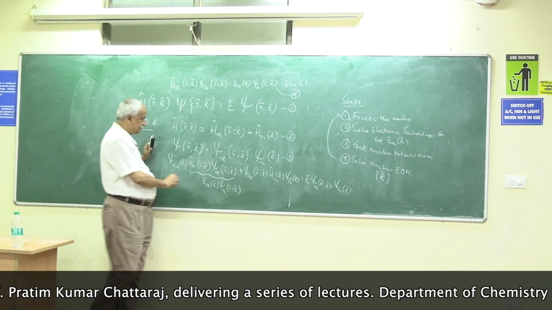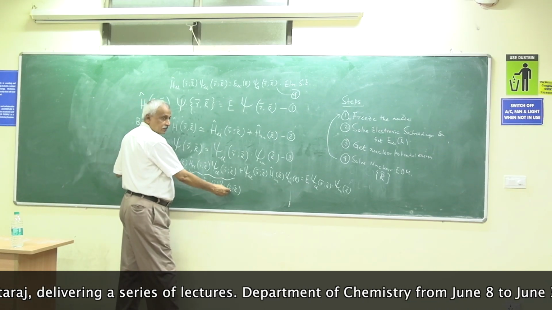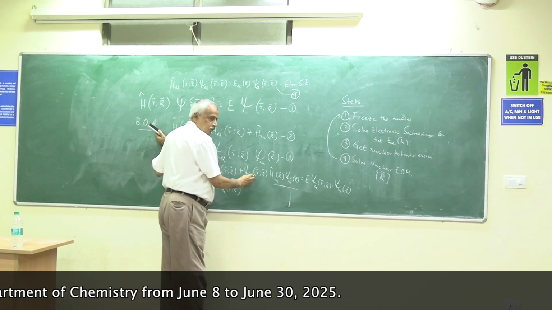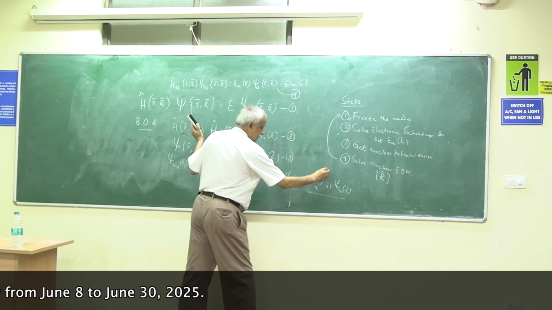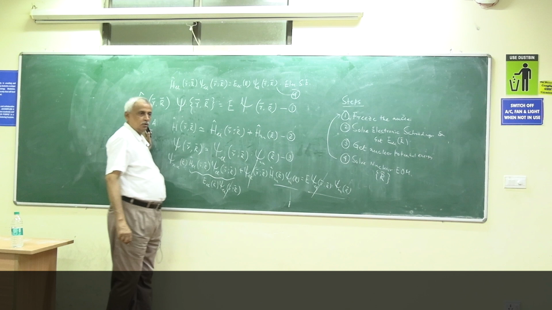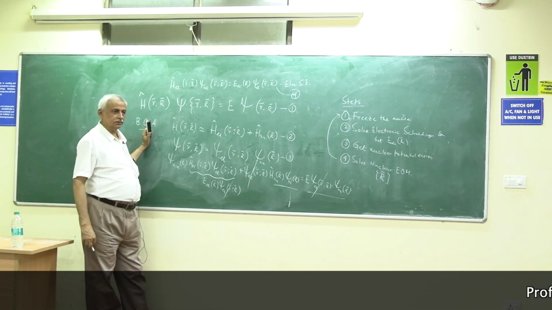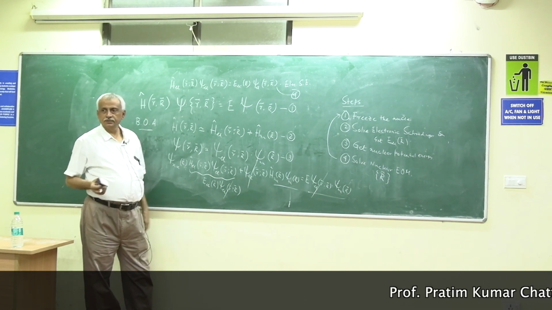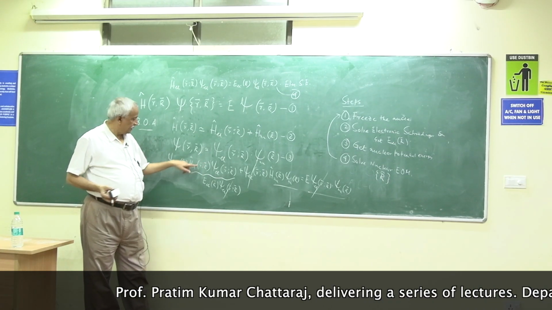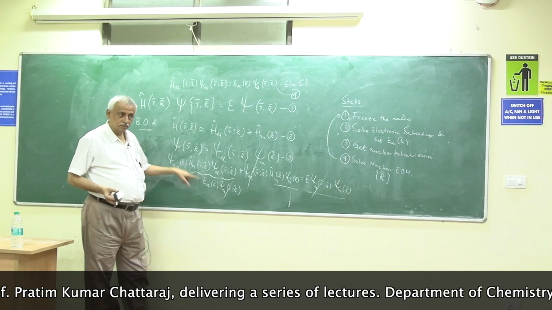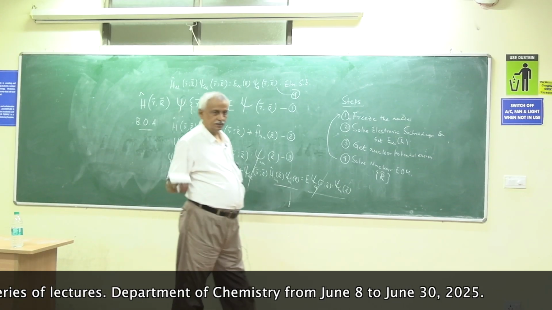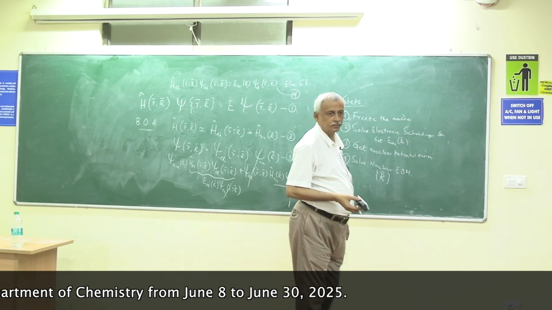So now here you can see these are all products. Here also this part and this is a product. This is all product. So I can cancel psi electronic from all sides. Is that clear? Here I cannot do it because the operator is there. But after that, this is just a product. Electronic energy is just a number.